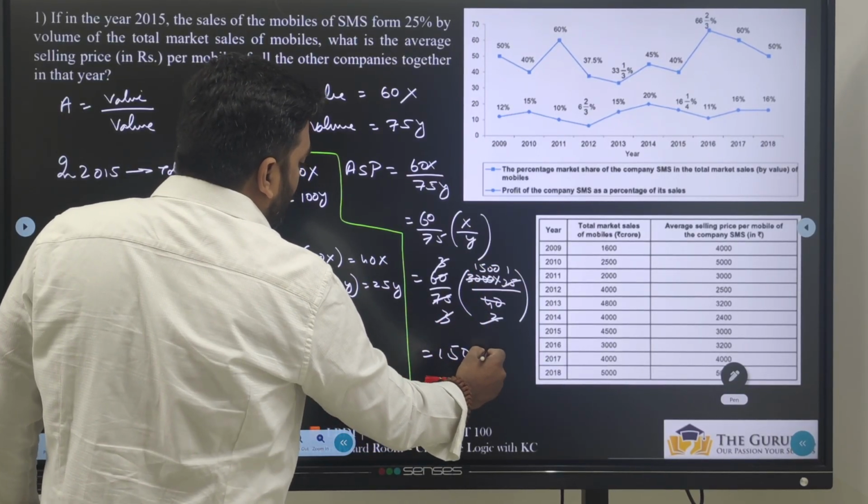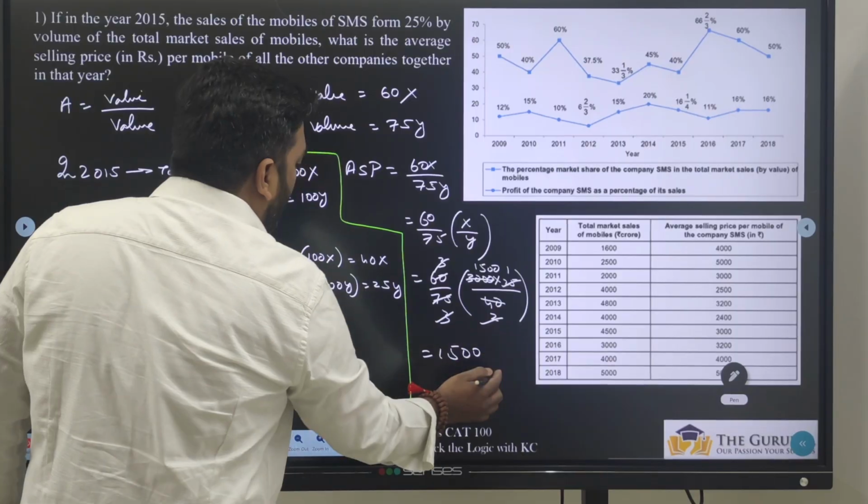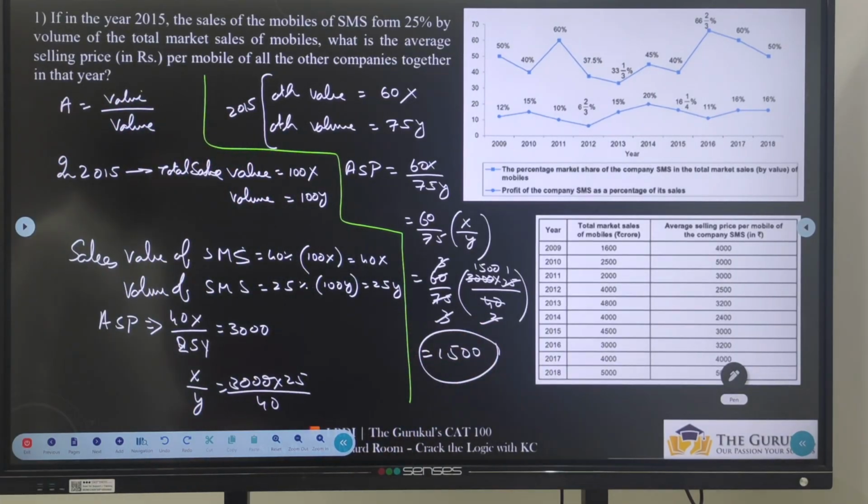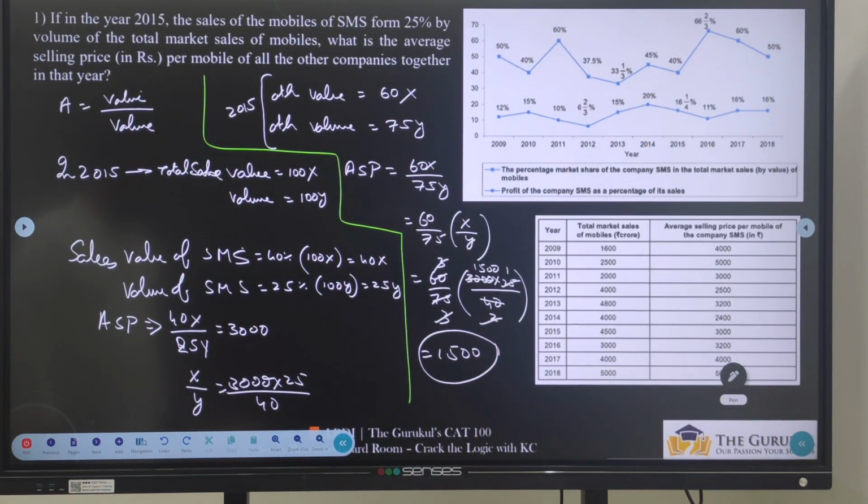So average selling price of all the other companies together in the year 2015 is 1500. That is the average selling price. Clear? It's an easy question only, but you need to understand the logic. First we need to get this one and then substitute it there.